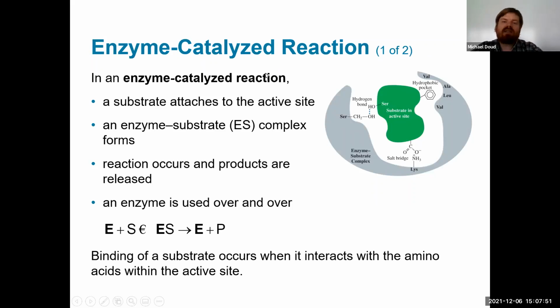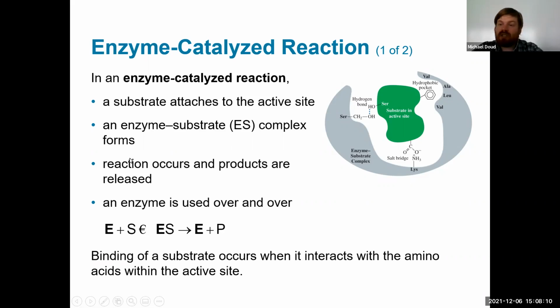Okay, so in an enzyme catalyzed reaction, what happens is the enzyme will have a substrate attached to the active site. This is forming what's called the enzyme substrate complex, or ES. So this should be an arrow, sorry, E plus S goes to ES. Now we have our enzyme substrate complex.